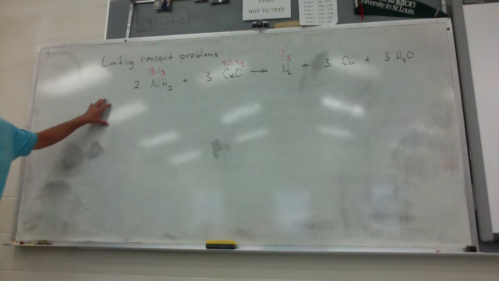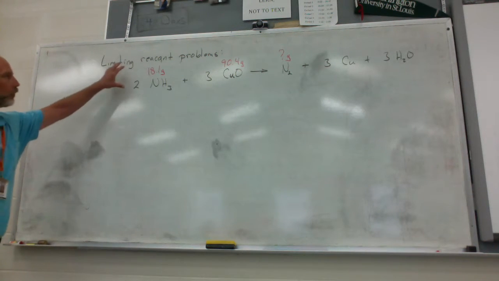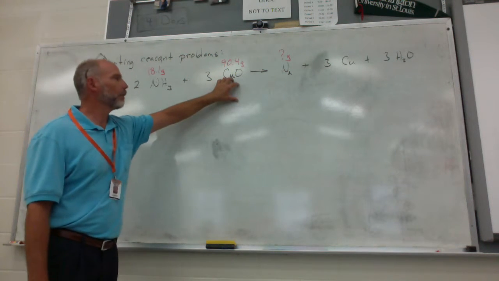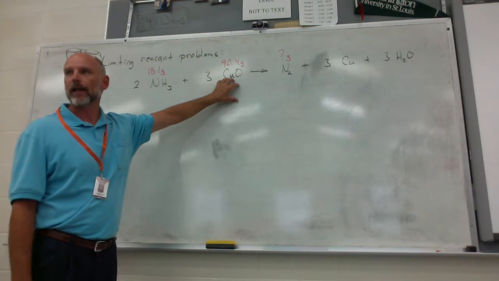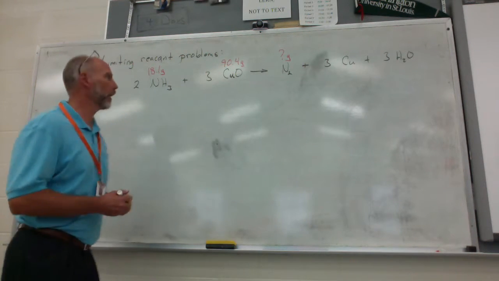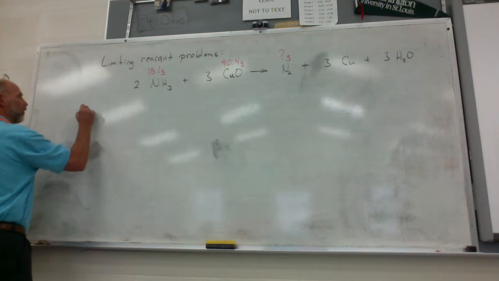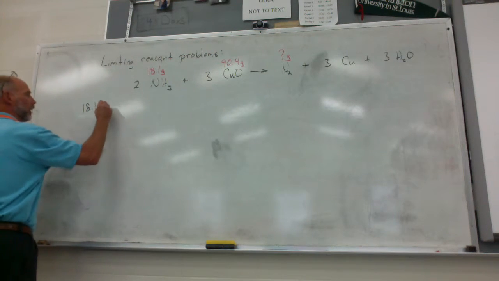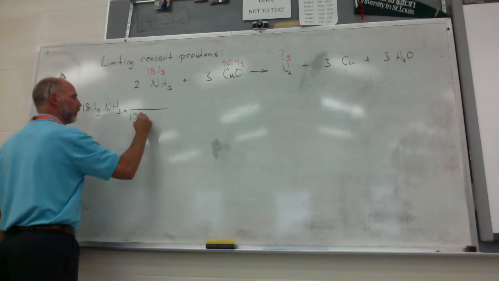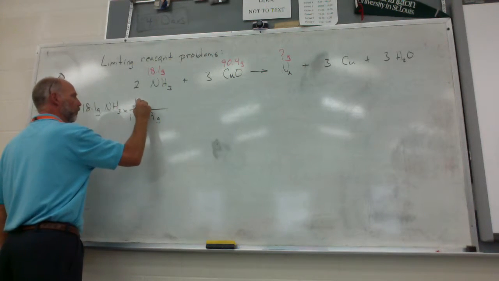So what we're going to do is, let's do a stoichiometry problem between the ammonia that she picked and the copper 2 oxide to find out how much of this copper 2 oxide we actually need. So we take the 18.1 grams of ammonia. Of course, everyone remembers that its molar mass is 17.04 grams per mole.